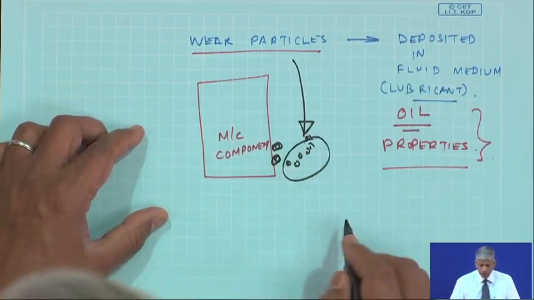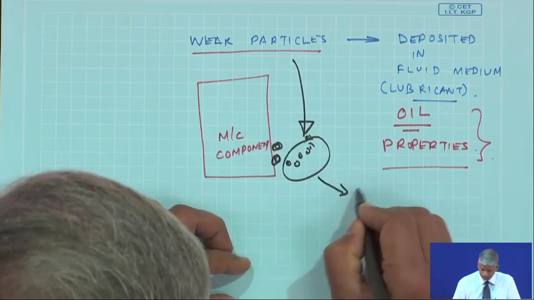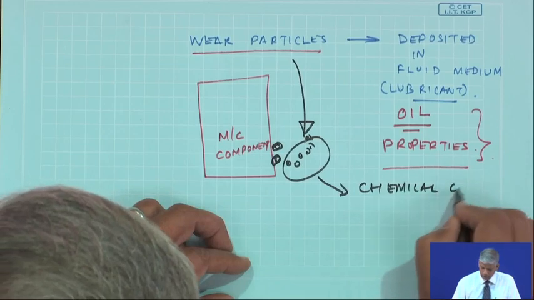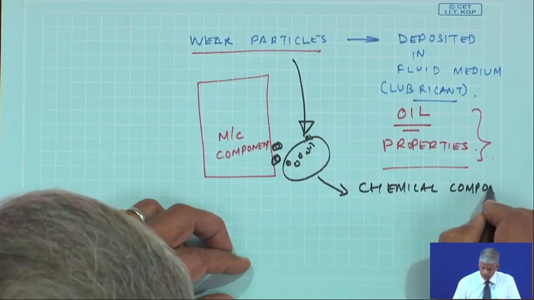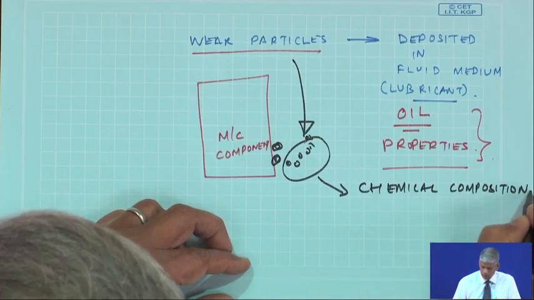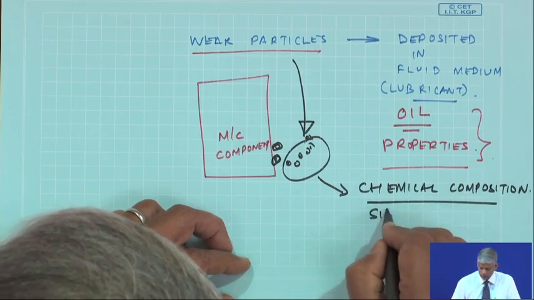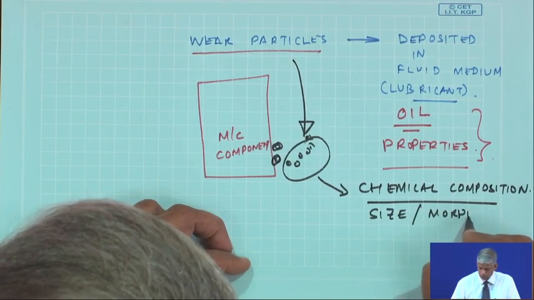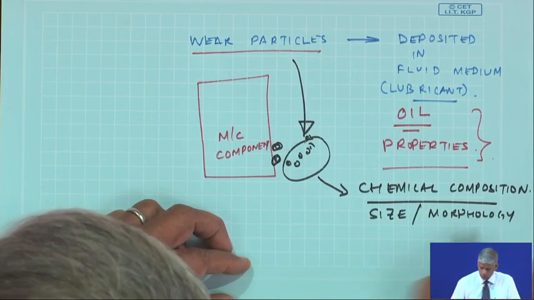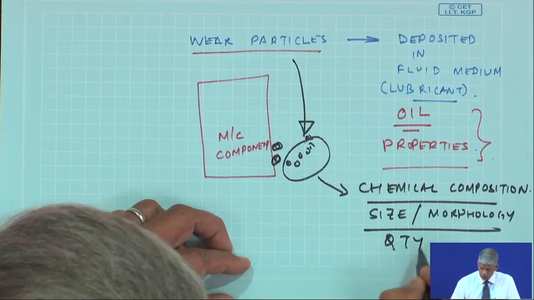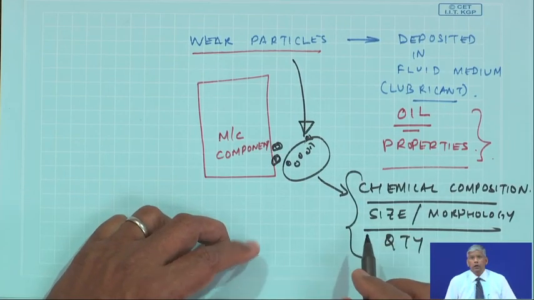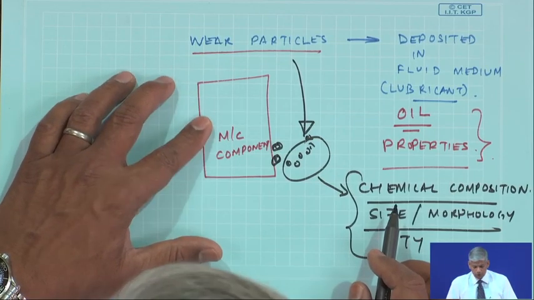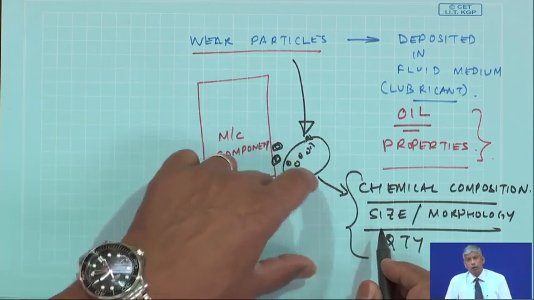So, studying these wear particles, their chemical composition and their size, their morphology, their quantity, all of these give us a clue as to what is the condition of this machine from where these wear particles have come up.